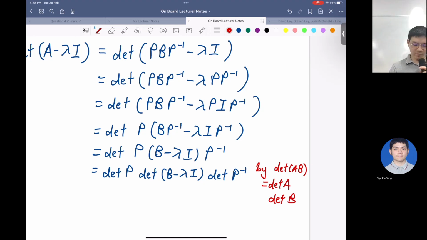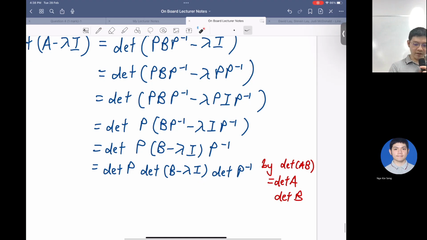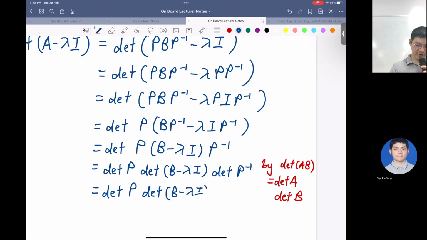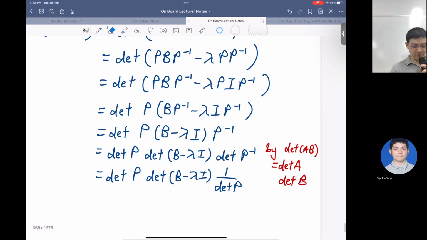So what is the determinant of P inverse? Does anyone remember? Did we discuss this formula before? The determinant of P inverse is 1 over the determinant of P. So you have the determinant of P and 1 over the determinant of P, so you can cancel.